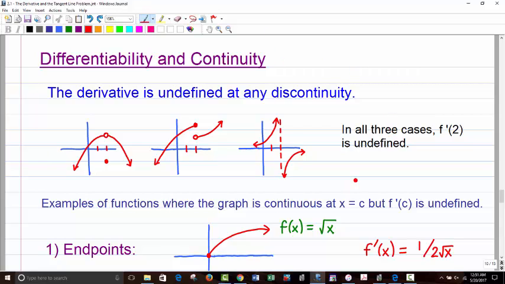However, there are some cases where the graph might be continuous, yet the derivative still does not exist. In other words, being continuous does not guarantee every point will be differentiable. Endpoints.